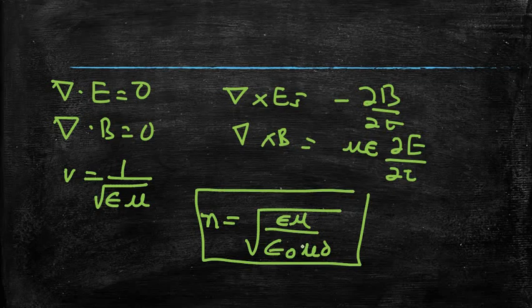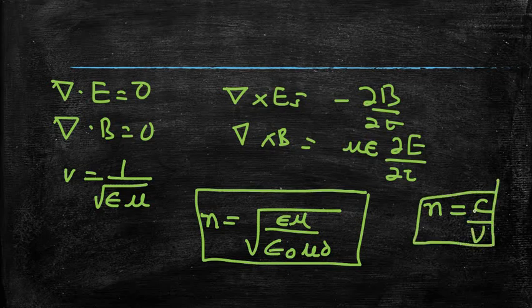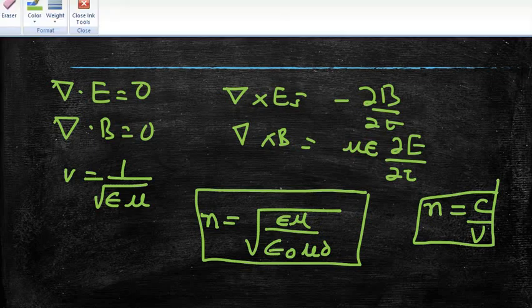So the index of refraction is related to the electric and magnetic properties of the material by this equation. Again, the conventional expression for the index of refraction is c by v, that is the speed of light divided by the velocity in that medium. So again it's the same. Here this is related with the vacuum, and this is related with the material. So the conventional definition matches, is it not?